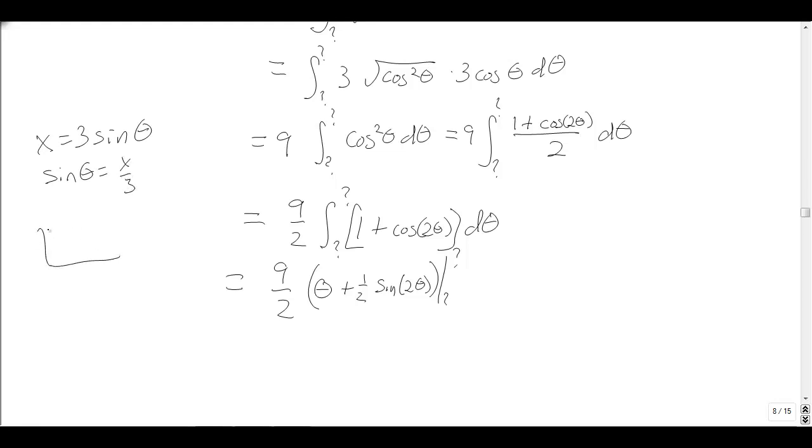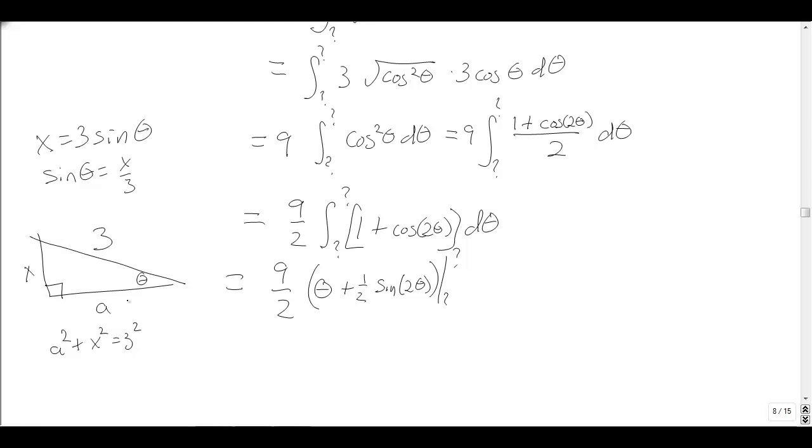And if theta is between 0 and pi over 2, you can draw a right triangle. Let me make this bigger. Here you have theta, and sine is opposite over hypotenuse, so that's x over 3. Now for this third side, you can use the Pythagorean theorem. Let's call this a. You should have a squared plus x squared equals 3 squared.